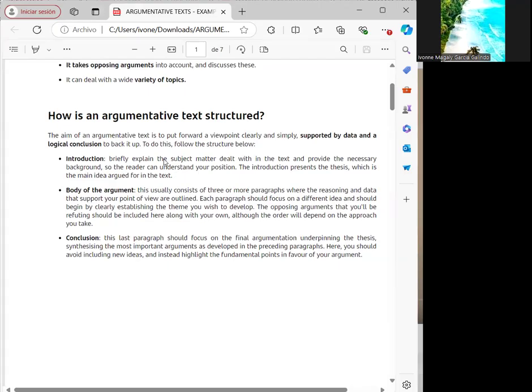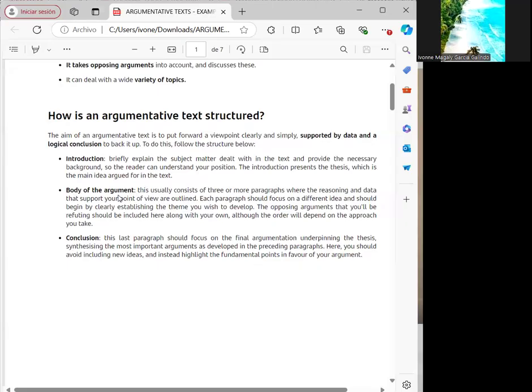You can do it in a second paragraph. But in the first one, you can also do that, and you have to take into account the counterpart arguments. And you can do that in the introduction. Then in the second paragraph, in the third one, you can build the body of the arguments.